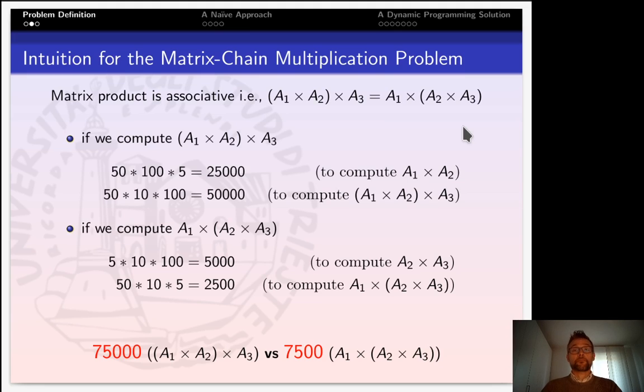Well, in this case you can perform all the computation with much fewer scalar multiplications, and in particular 7,500. So we decrease the number by 10. Simply by changing the parenthesization, we decrease by 10 the number of scalar multiplications required to perform this operation.